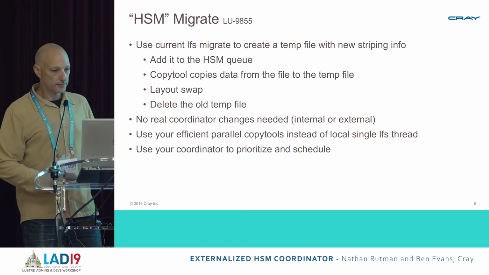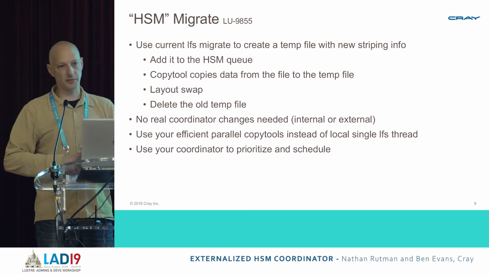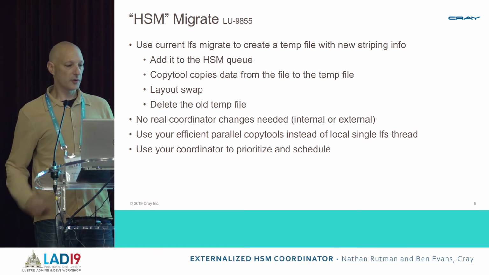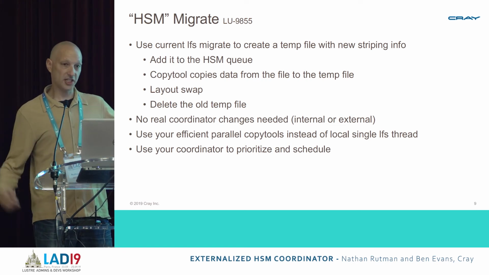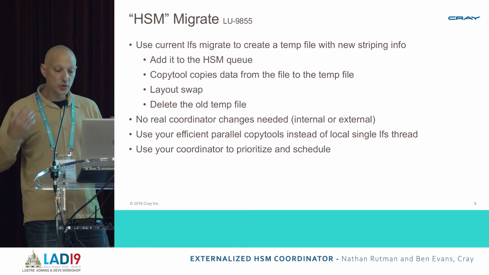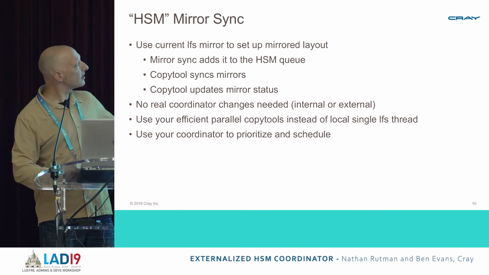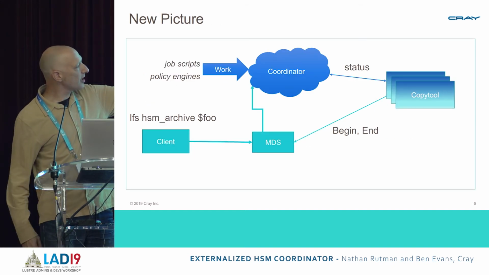So let's do it. Change migrate to use the exact same mechanisms that HSM is using, right? So LFS migrate HSM, a new command that does migrate using the same HSM mechanisms. All it's doing is sending the same request.